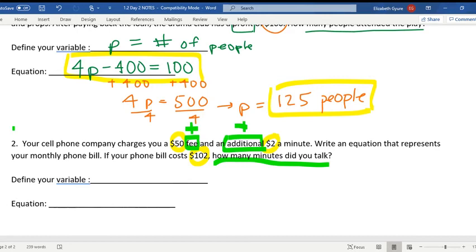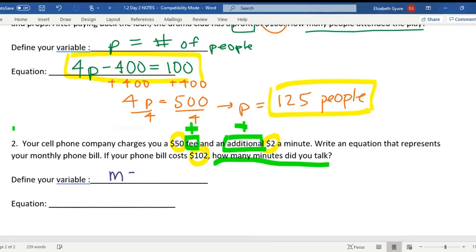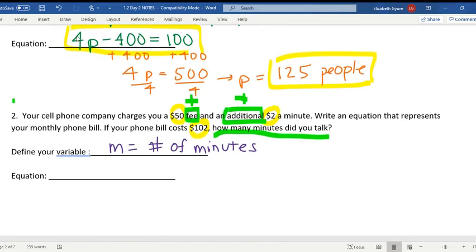So now let's first define our variable. We're trying to figure out how many minutes we talked, right? So what would maybe be a good variable? Sure, M. We're gonna do M equals number of minutes. Good. Now, our phone bill costs $102, right?